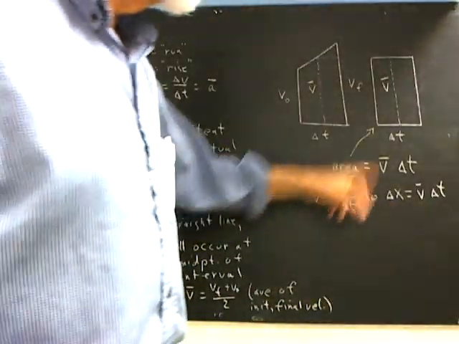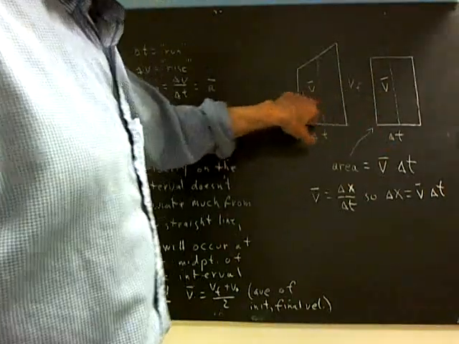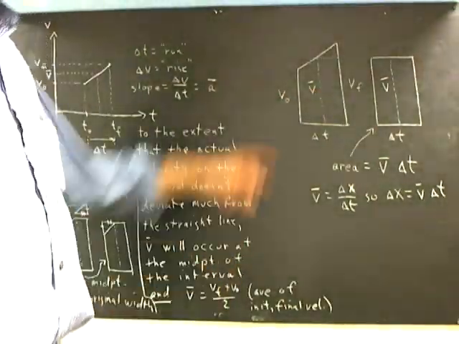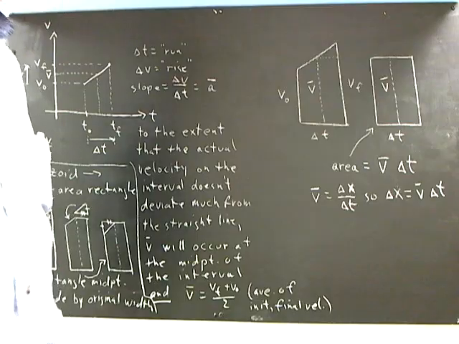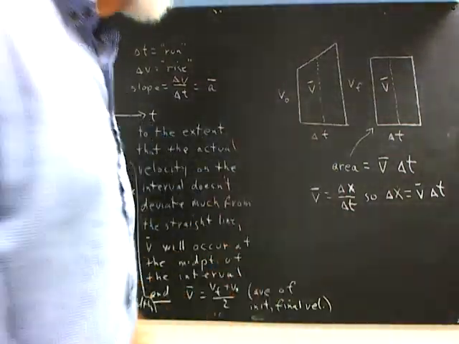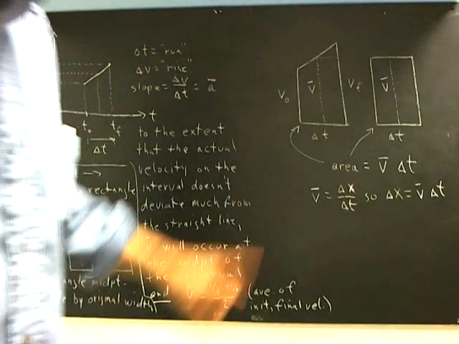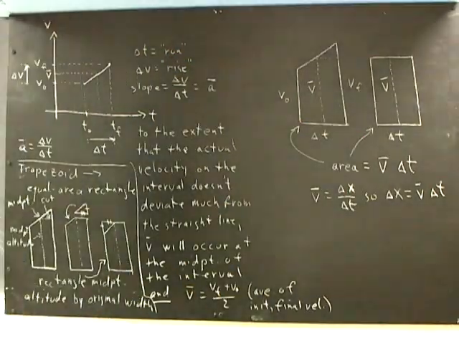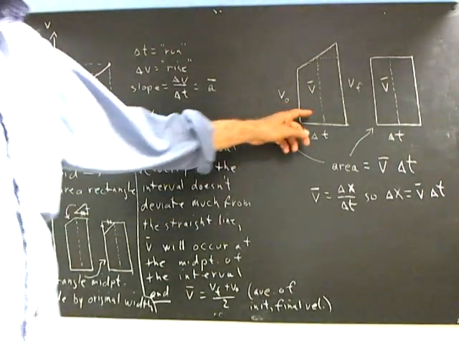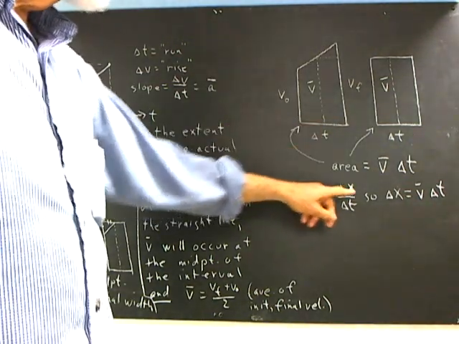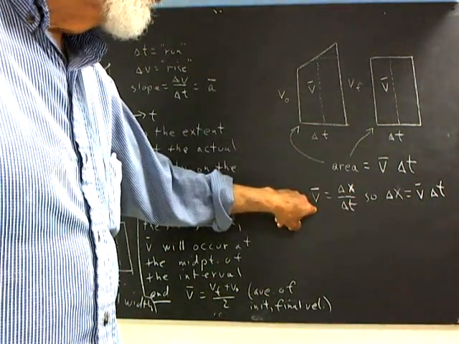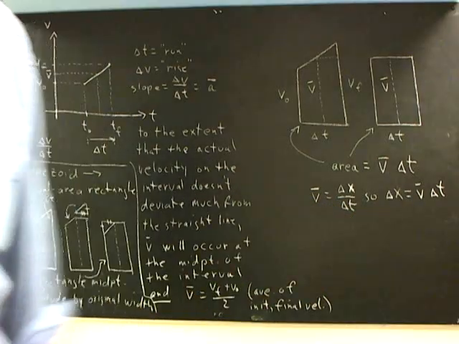Furthermore, the area of this rectangle is identical to the area of this trapezoid, so that the area of the trapezoid is also V bar delta t, and the area of the trapezoid represents how far you would go at that average velocity for that time interval.